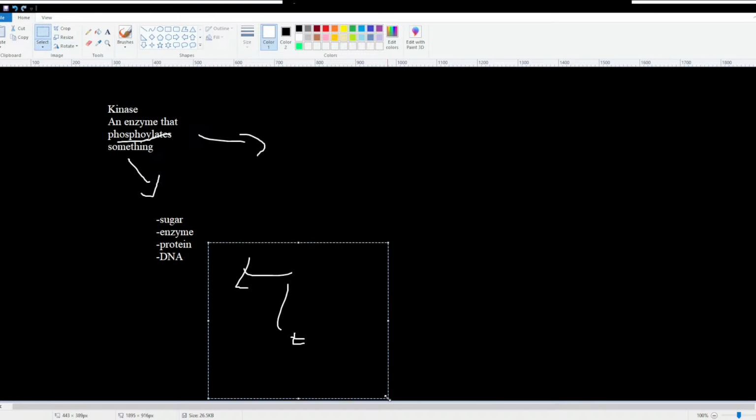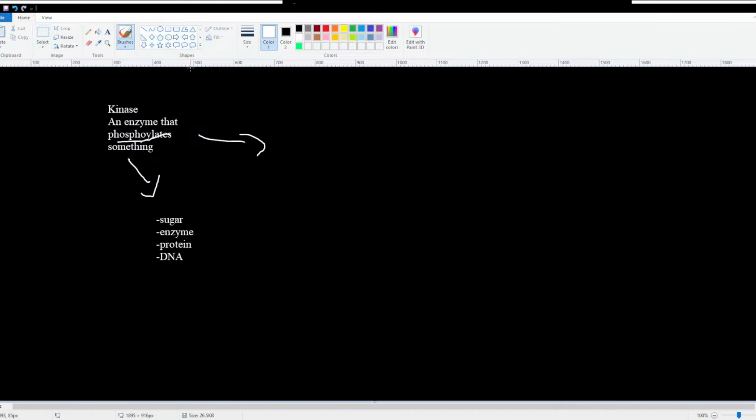So now, what does this look like? Let's just draw our kinase. We have our substrate. The substrate is going to come in and cause a conformational change at the active site of the enzyme.